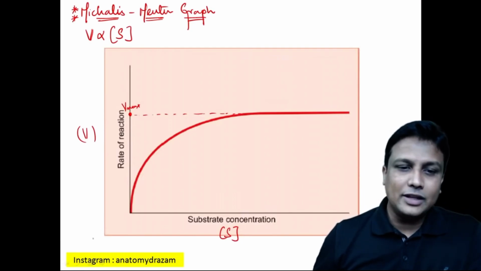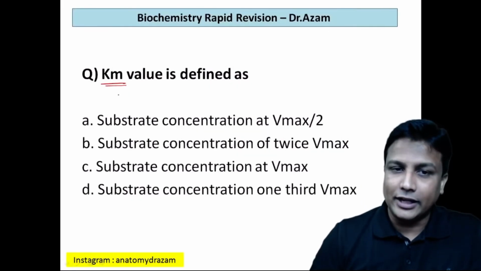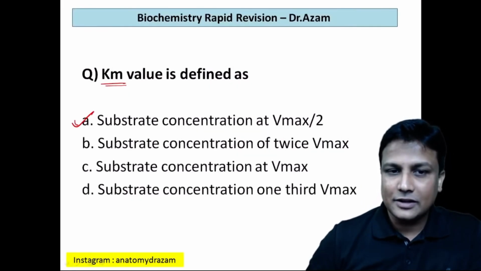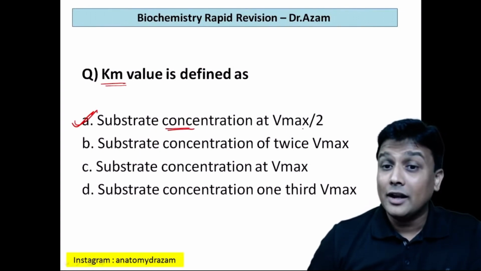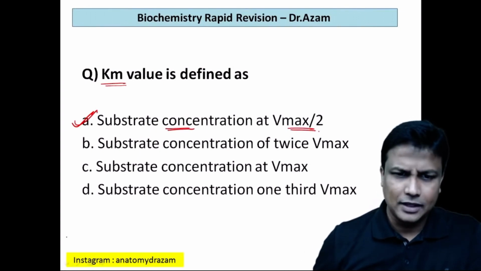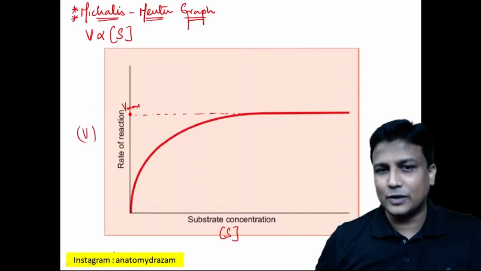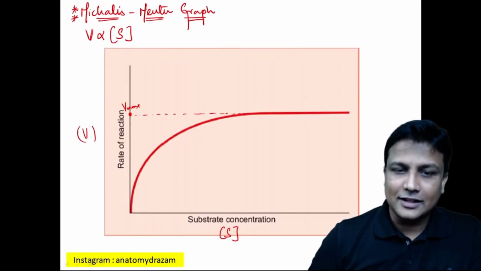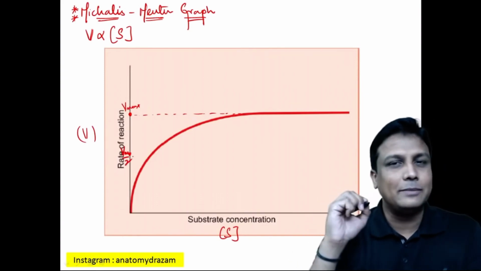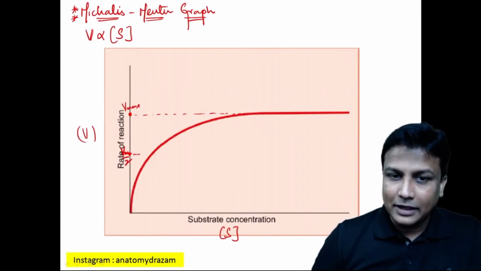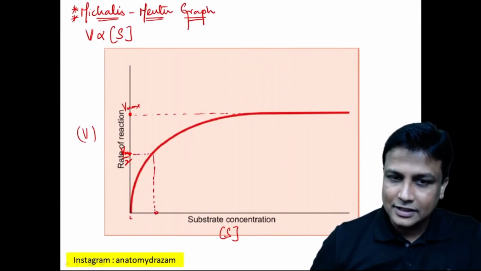Now what about the Km value, sir? What does Km mean? Km is nothing but substrate concentration only, but when? At half the maximum velocity. Sir, what is the meaning of this? First of all, Vmax is here. What you do is you take half the Vmax, Vmax by 2. At half the maximum velocity, whatever will be the concentration of substrate, this is actually referred to as your Km.